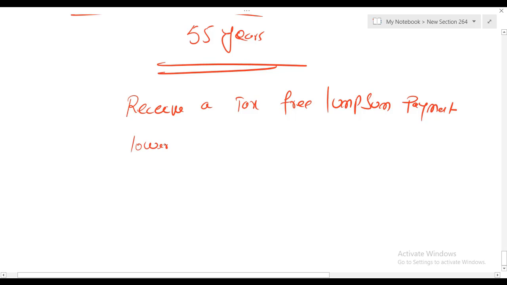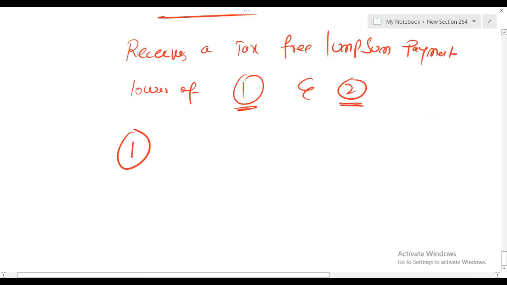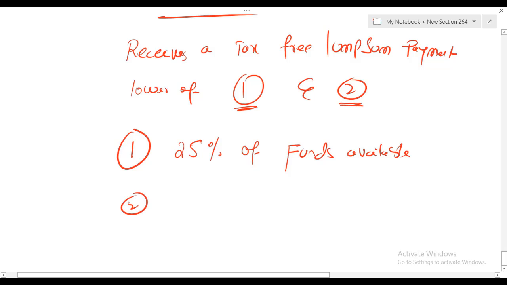lower of 1 and 2. When an individual reaches retirement age, then that individual receives a tax-free lump sum payment, the lower of 1 and 2. What is 1? 1 is 25% of funds available.